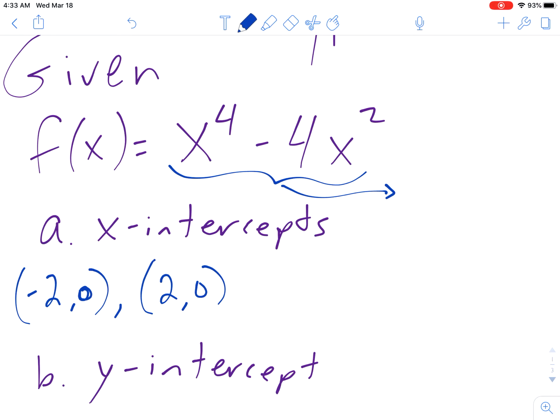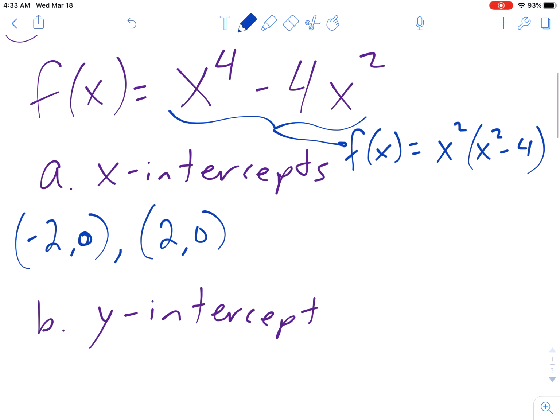So what you can do is factor this expression, f of x equals x squared times x squared minus 4. And then factoring it one more step would give you this expression.